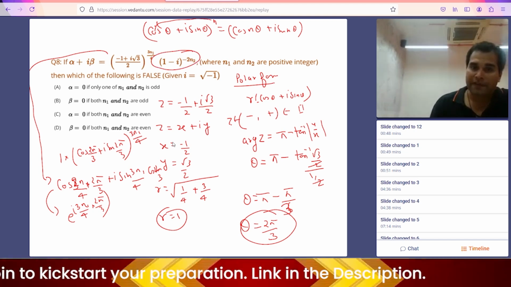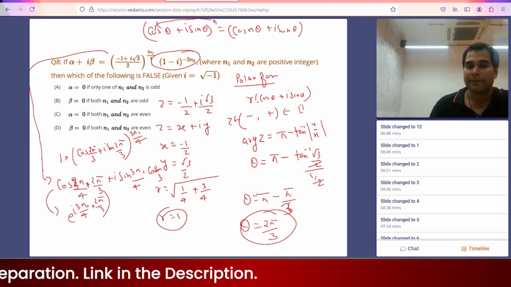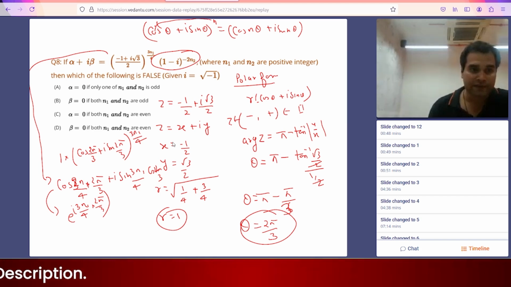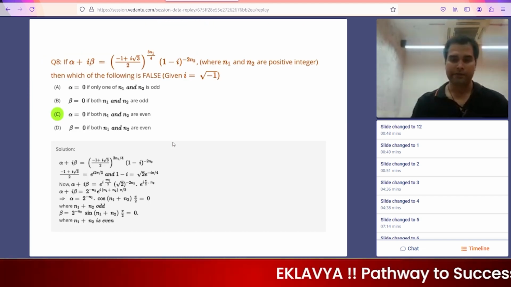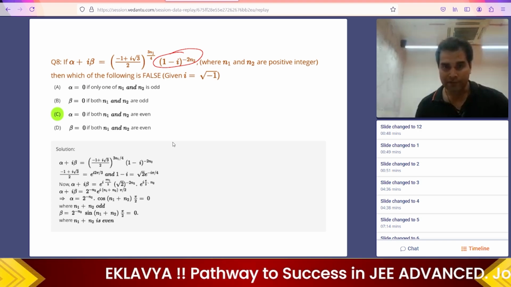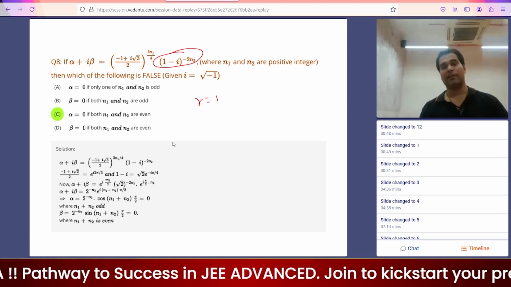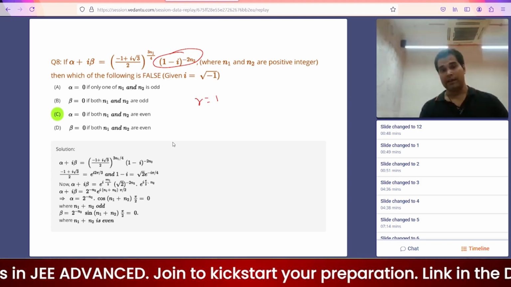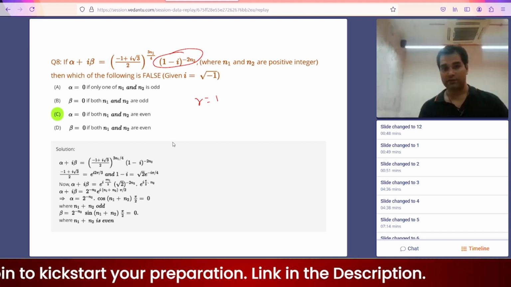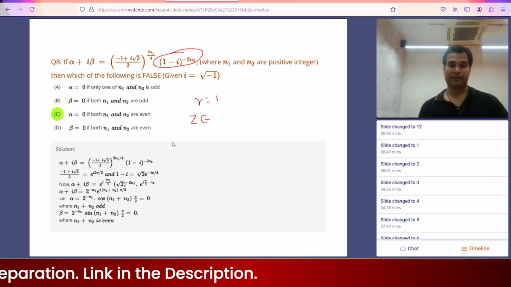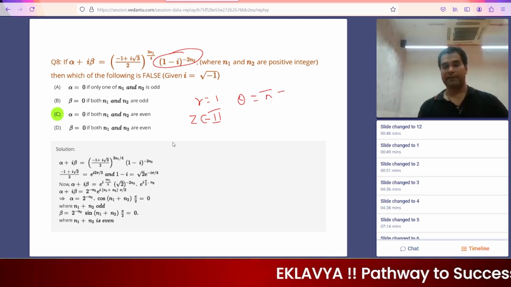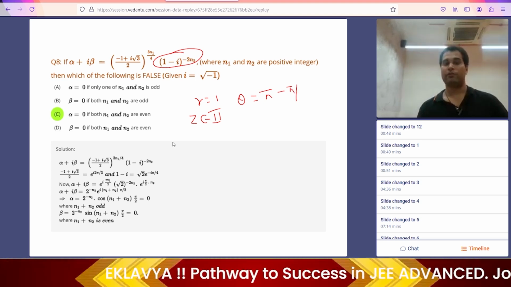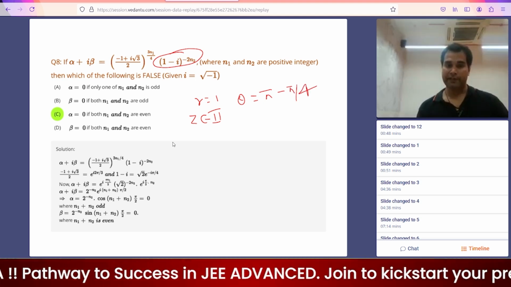The second complex number can also be written by this method. The second complex number is 1 minus iota, where r is also 1, and this complex number lies in the second quadrant. That means theta equals pi minus pi by 4, since real over imaginary is 1 by 1.